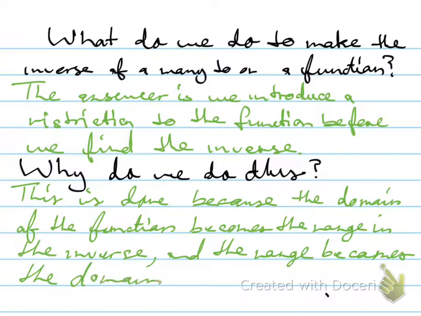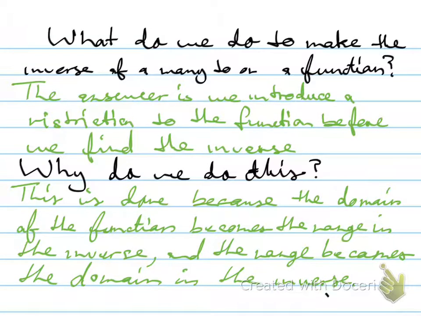So if it was many-to-1, the inverse becomes 1-to-many. The moment we have a many-to-1 mapping, the inverse automatically is not going to be a function. So we put a restriction on the original function so that it moves from being a many-to-1 relation and becomes 1-to-1.